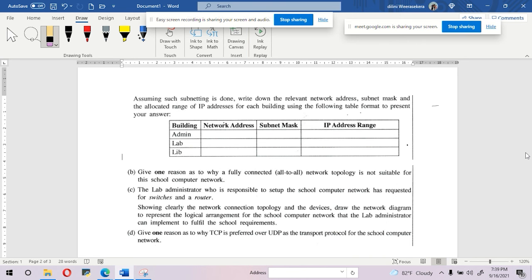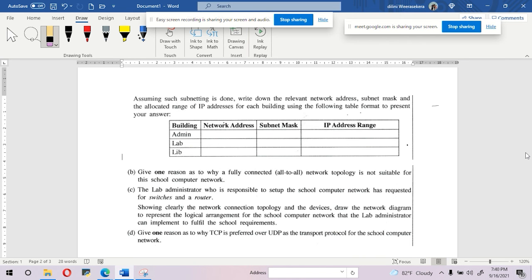Usually when all the devices are connected to each other, what happens? You need more wiring. More wiring means the network is expensive. You need to bear a big cost. Another thing is it is not required, not relevant, not asked. That is one reason why you don't need to think about it.